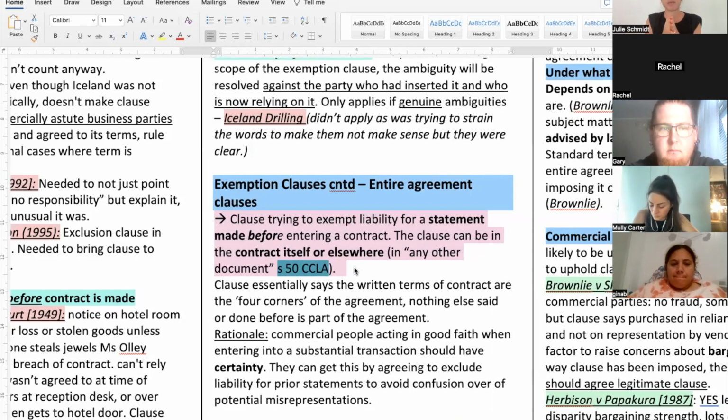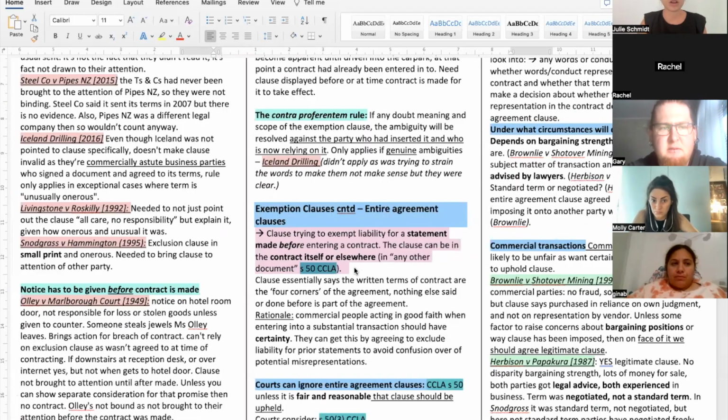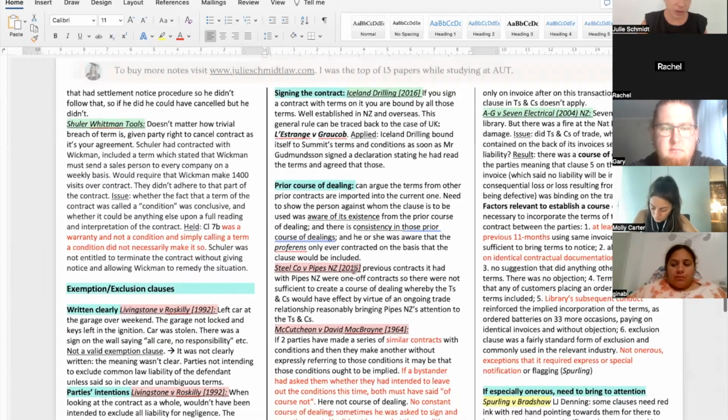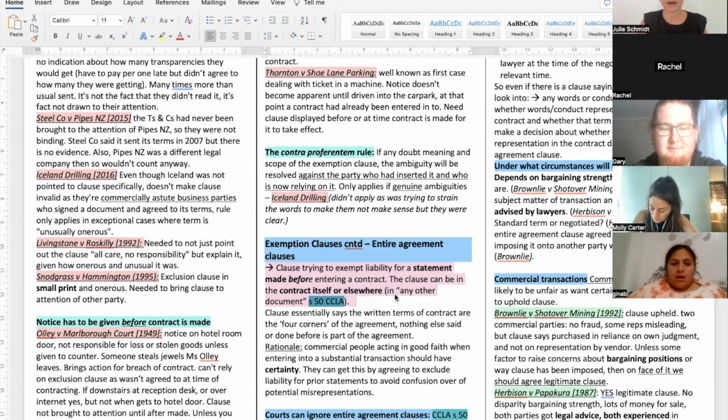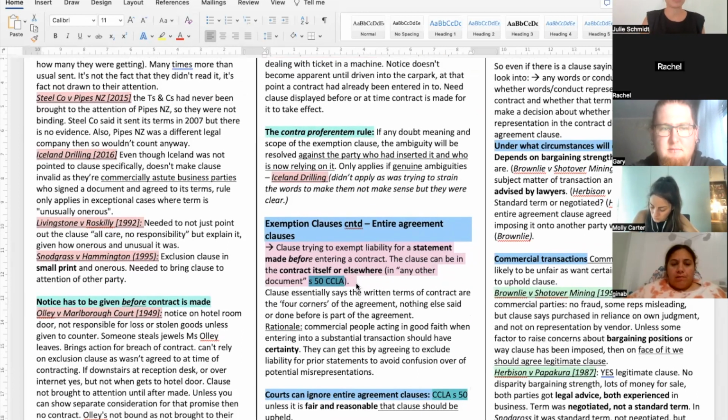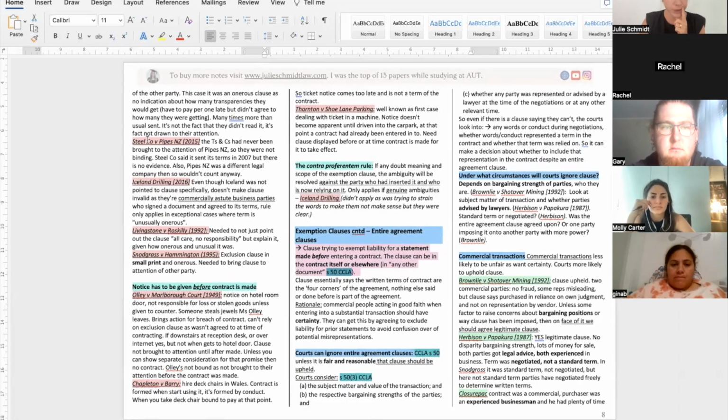That statement was made before the contract was entered into. So we're not talking about an exemption clause within a contract. We're talking about statements made before entering the contract, whether they form part of the contract or not. And if they do, can we hold that person accountable for that statement? Does that answer your question?